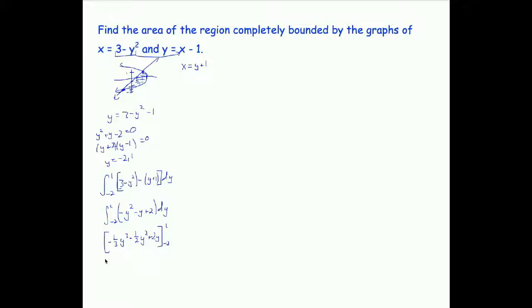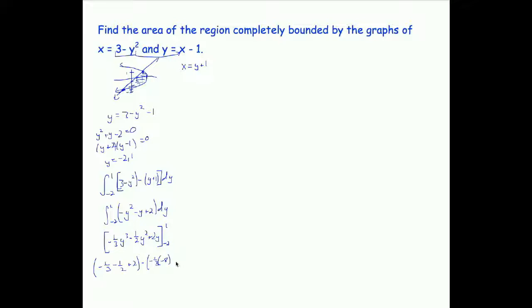We'll plug in 1. So plugging in 1, 1 cubed is just 1, so we got -1/3. Y squared is 1, so we have minus 1/2. And we have, putting a 1 in there, we get plus 2. And we want to subtract what we get when we put in -2. So we got -1/3. Putting -2 in there, -2 cubed is -8, so times -8.